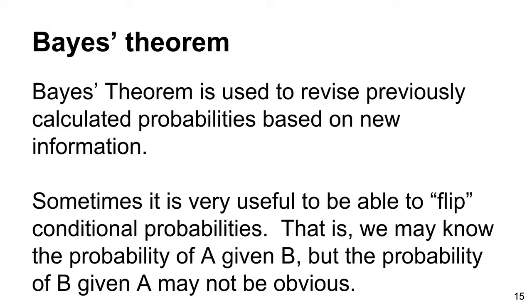That is, we may know the probability of A given B, and we want to find out the probability of B given A. That's when we use Bayes' theorem. Bayes, by the way, Thomas Bayes was a Presbyterian minister back in the 1700s, and this is his work.